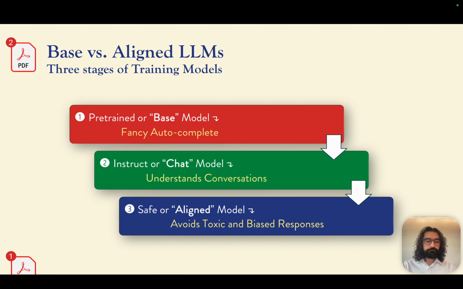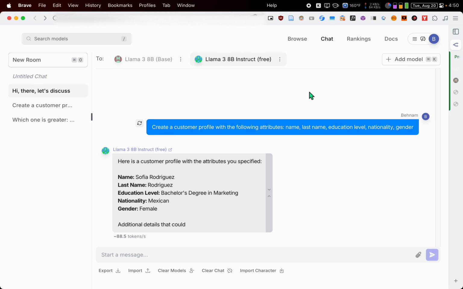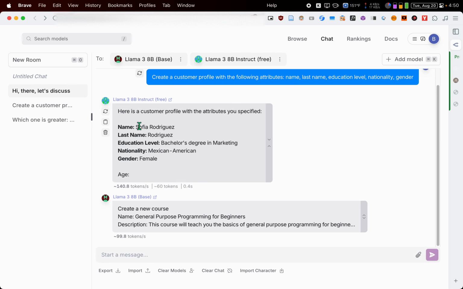So I'm going to show you an example of what I mean by these things. And I think I'd better use an example like this. Here, I'm going to enable both models: the base model that has not gone through instruct fine-tuning or RLHF, and also the instruct model. If I ask this question of both models, we see that the instruct model answers my question.